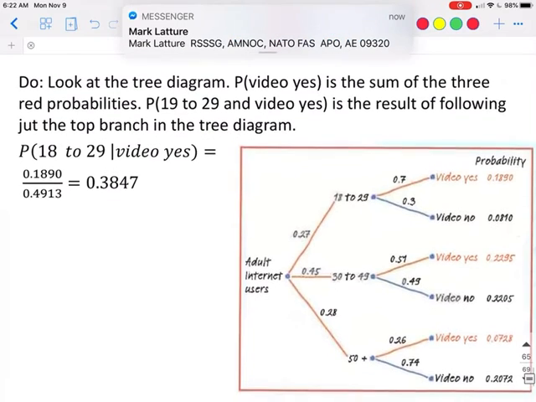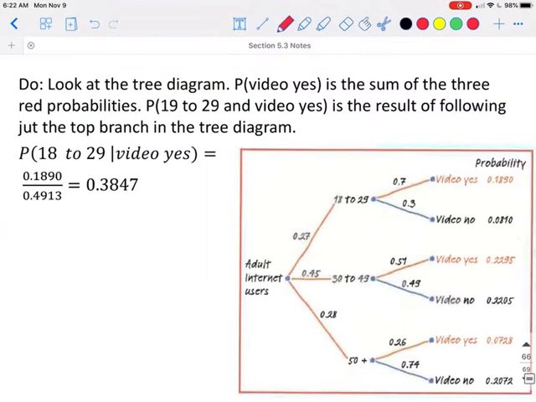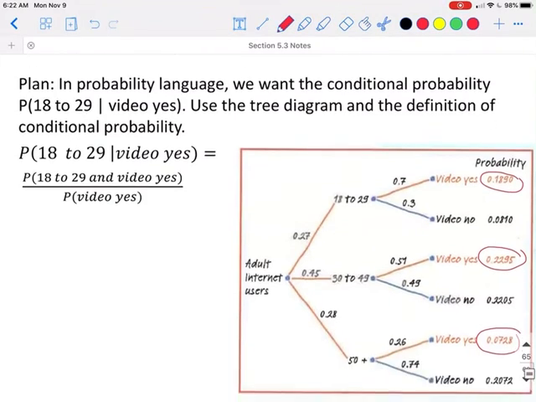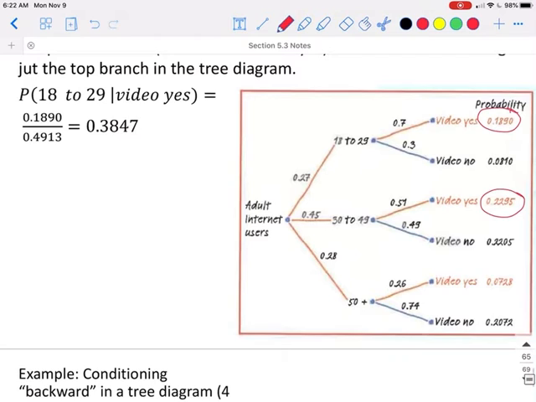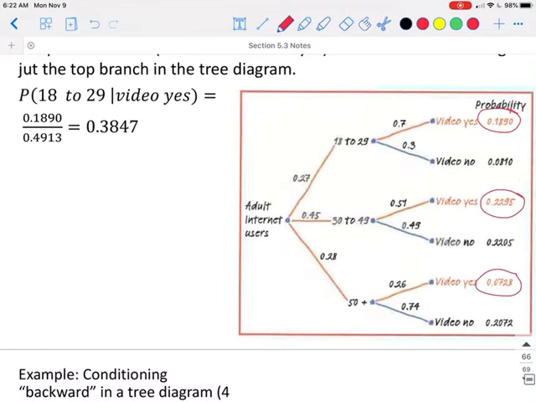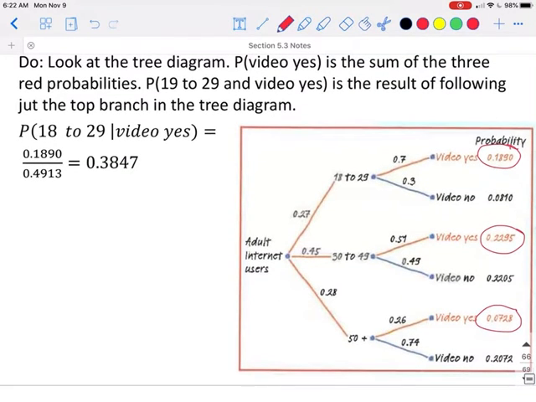we are going to get 0.4913. Again, we did that by adding all the probabilities together where they did watch videos online, and that gave us 0.4913. And then we're going to put that over the probability that they're 18 to 29 and watch videos, which is this probability right here.